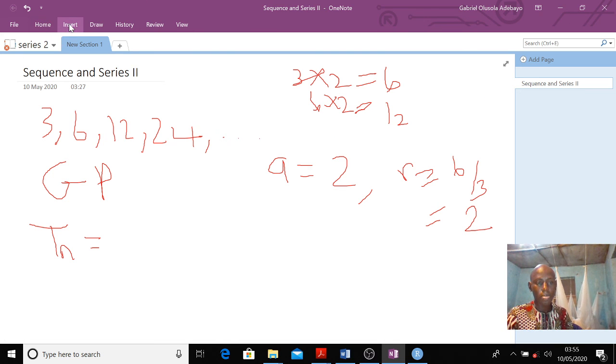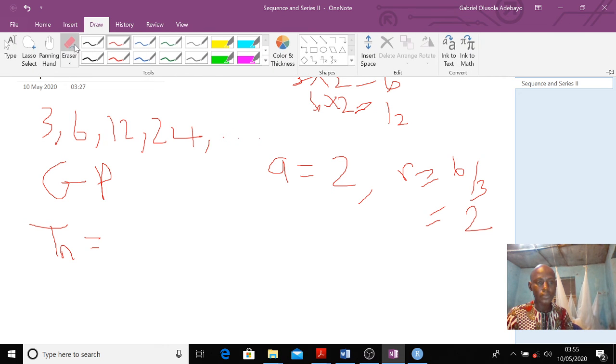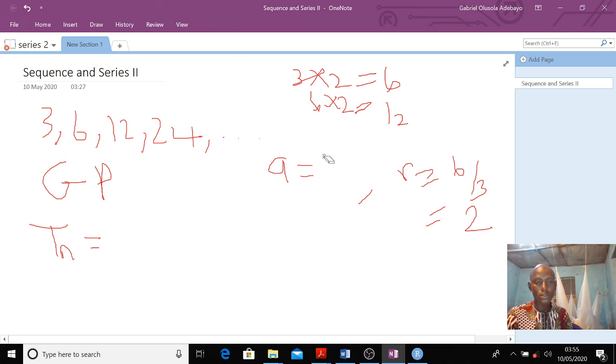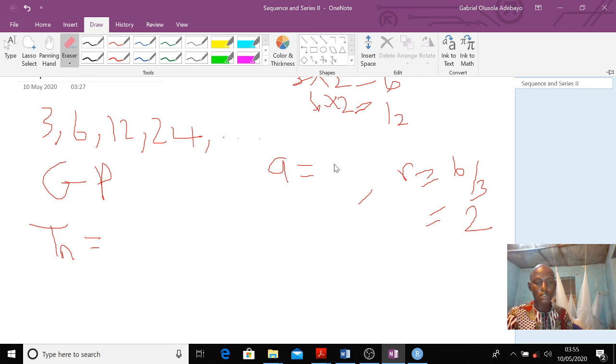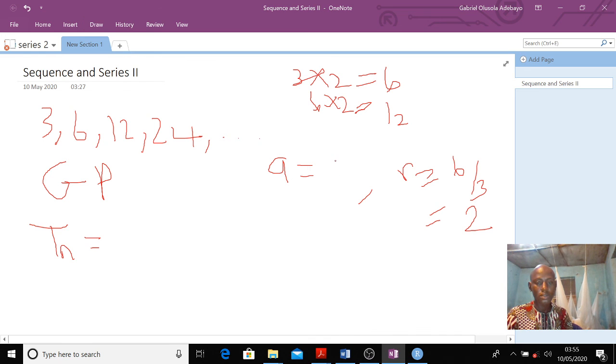This one, 3, is the first term. The common ratio is now 6 divided by 3, that is 2.